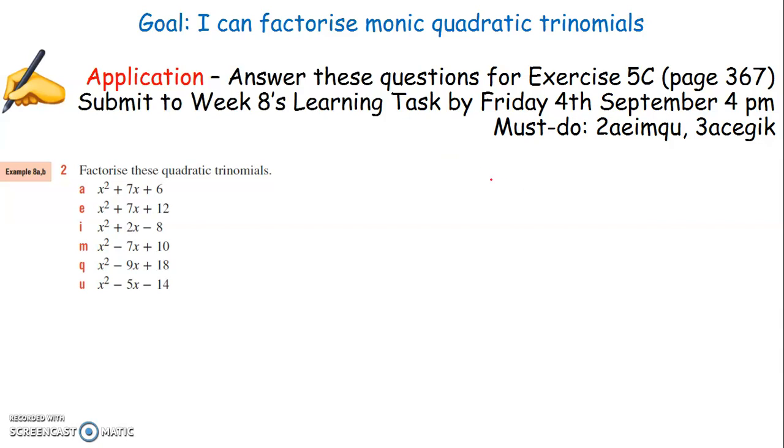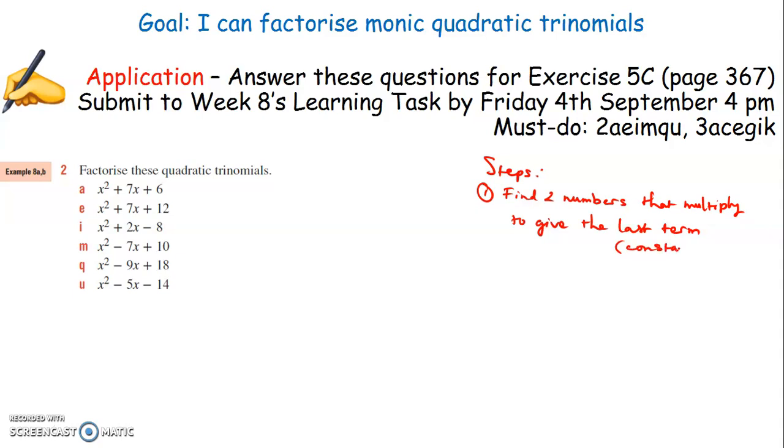The way that we do this, step 1, remember, is we want to find two numbers that multiply to give the last term, which should be the constant term.